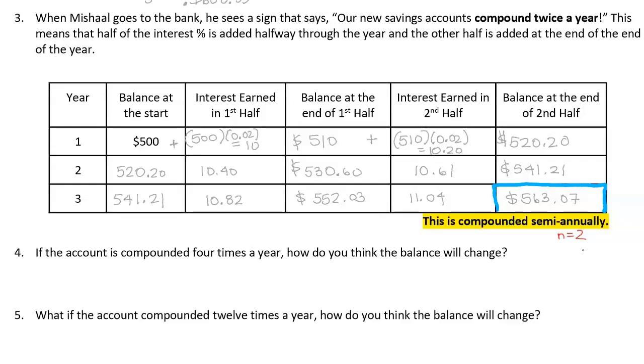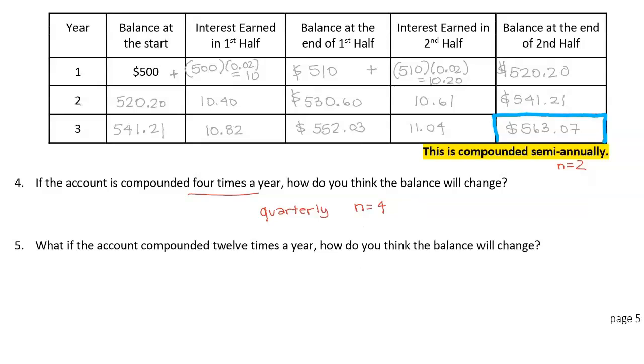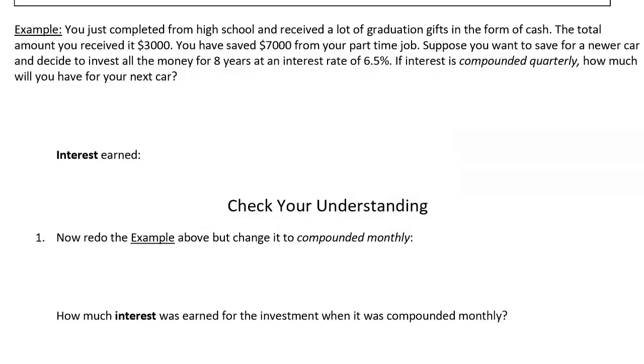In problem 4, it says if it's compounded 4 times a year, that means it's quarterly, and little n would be 4. For problem 5, it said it's compounded 12 times a year, so that means it's monthly, and little n would equal 12. Let's put everything together and do a problem.